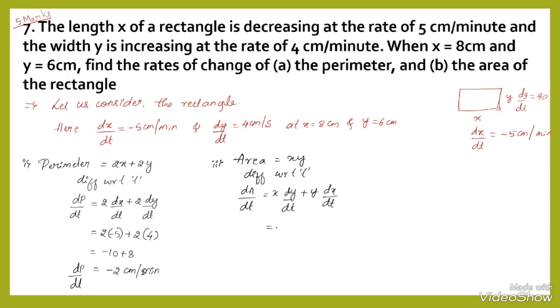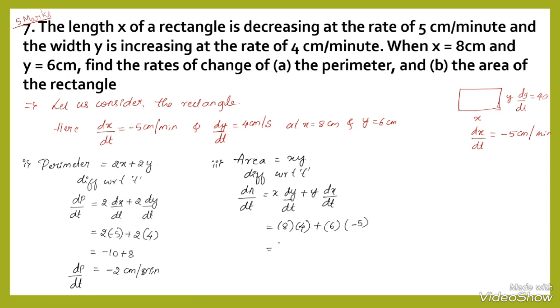Now substitute the values here. x is 8, dy by dt is 4, plus y becomes 6 and dx by dt is minus 5.